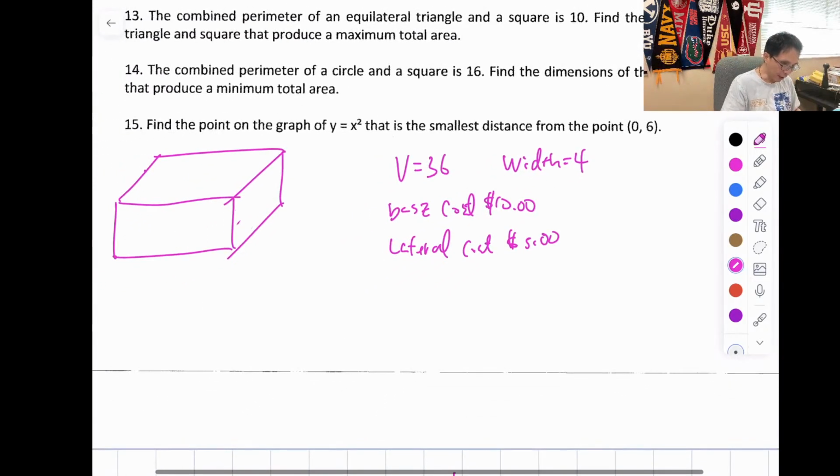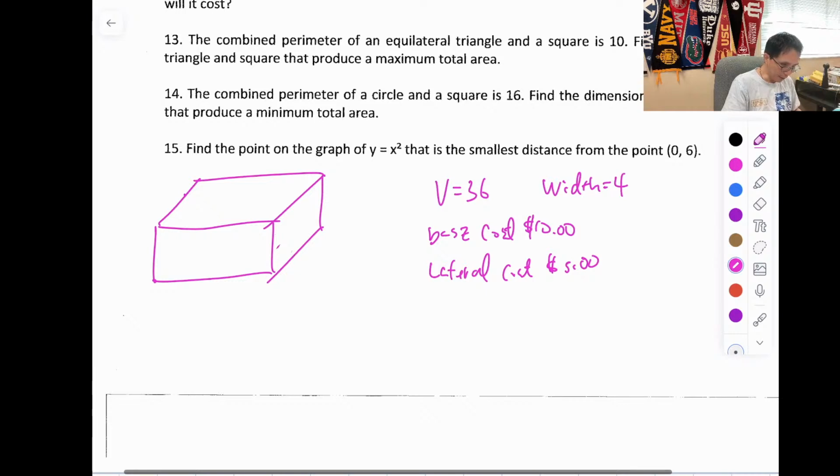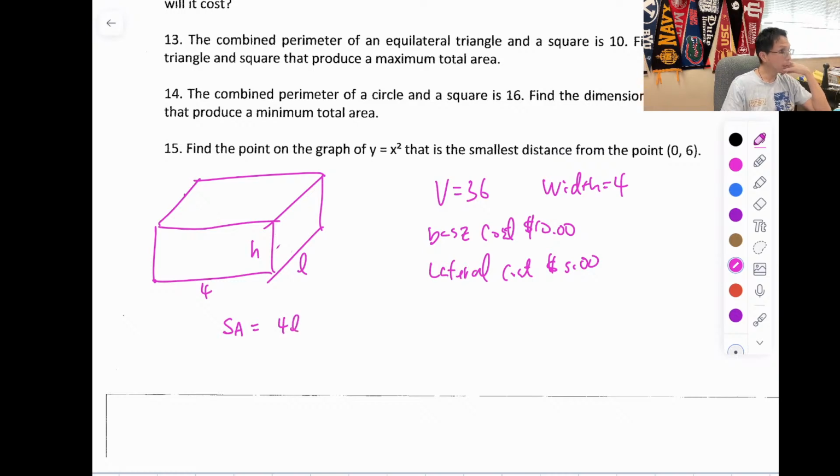First of all, let's figure out the surface area. Width is 4, and we don't have length, and we don't have height. So the surface area of the base is 4L. Is that okay? Am I going too fast?